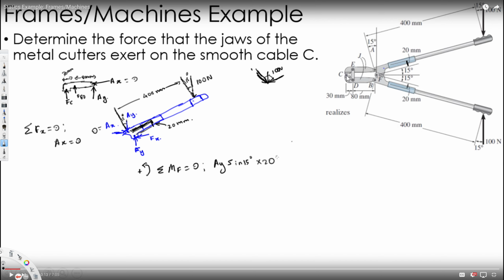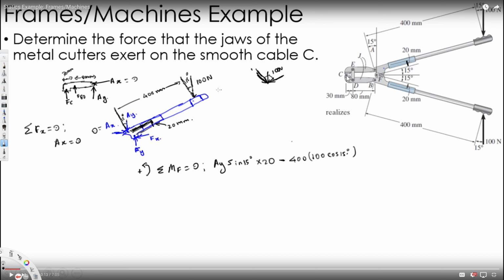If I take this one, cos 15, it's going to push this object down, so it's going to be clockwise, and it is at a 400 millimeter distance, so I have to put a minus sign in front of it: minus 400 times 100 cos 15 degrees.